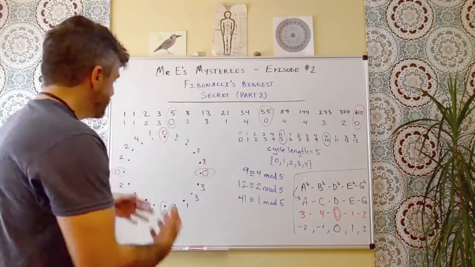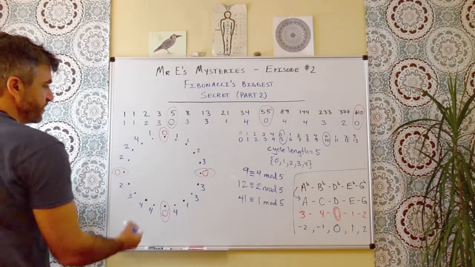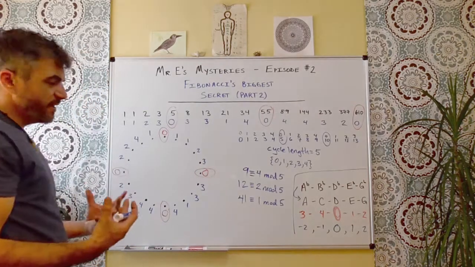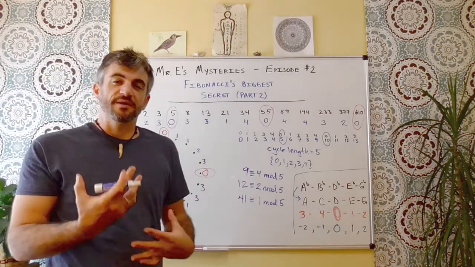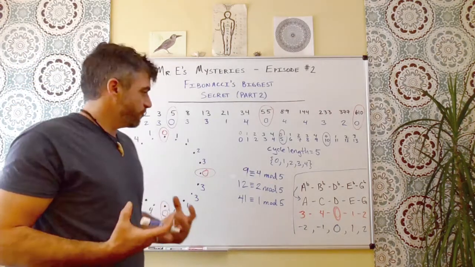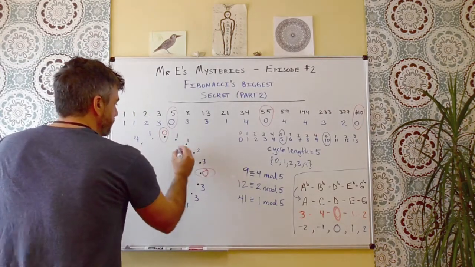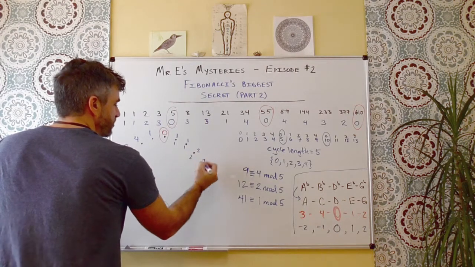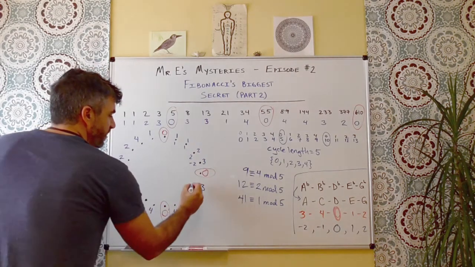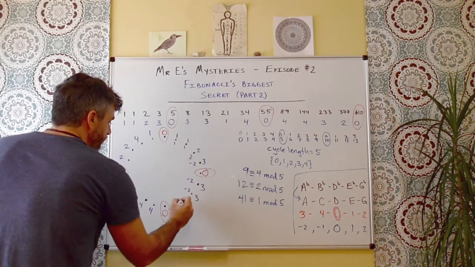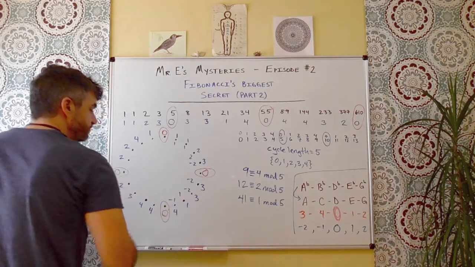And we can see that those negatives can be transferred over here. And I'm just going to write this out because some people have a background in Walter Russell, and this is a very Russellian concept. So we have 1, 1, 2, 3, but 3 is actually -2. And then it's -2, -2, 1, -1.